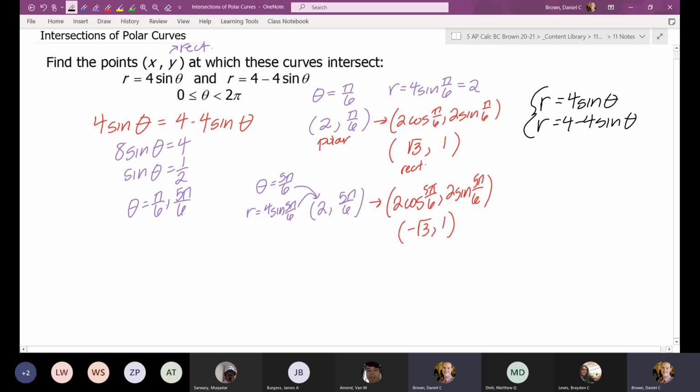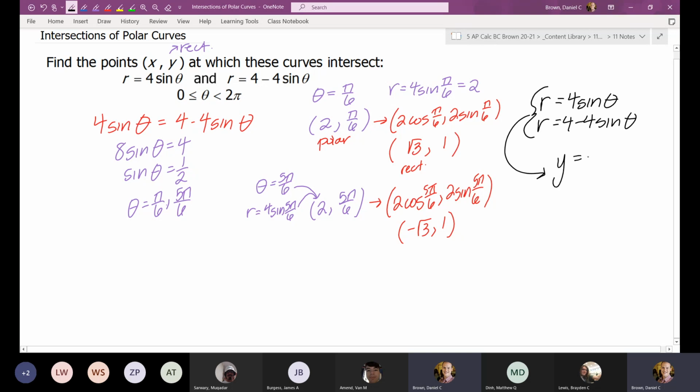You can graph them, you could visually see their intersection points, but they are directly related to those two graphs just replacing the r and the theta with y and x. Now, to be clear, they're not the same graphs, they're just related.